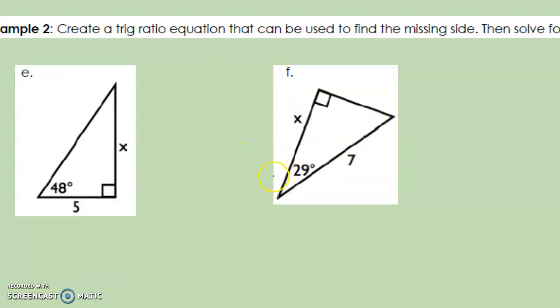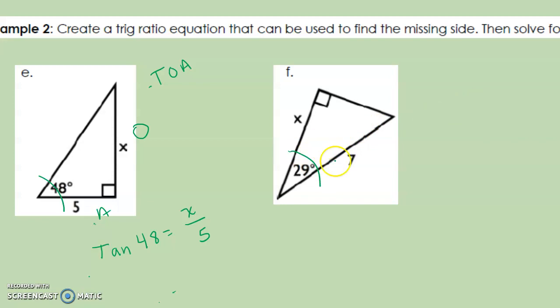I'm going to show you how to set them up and work on them in your notes. Mark your angle of interest. We have opposite and adjacent. Remember, opposite and adjacent is TOA. So you would have tan 48 equals your opposite, which is your x, adjacent is 5. And you would multiply both sides by 5.